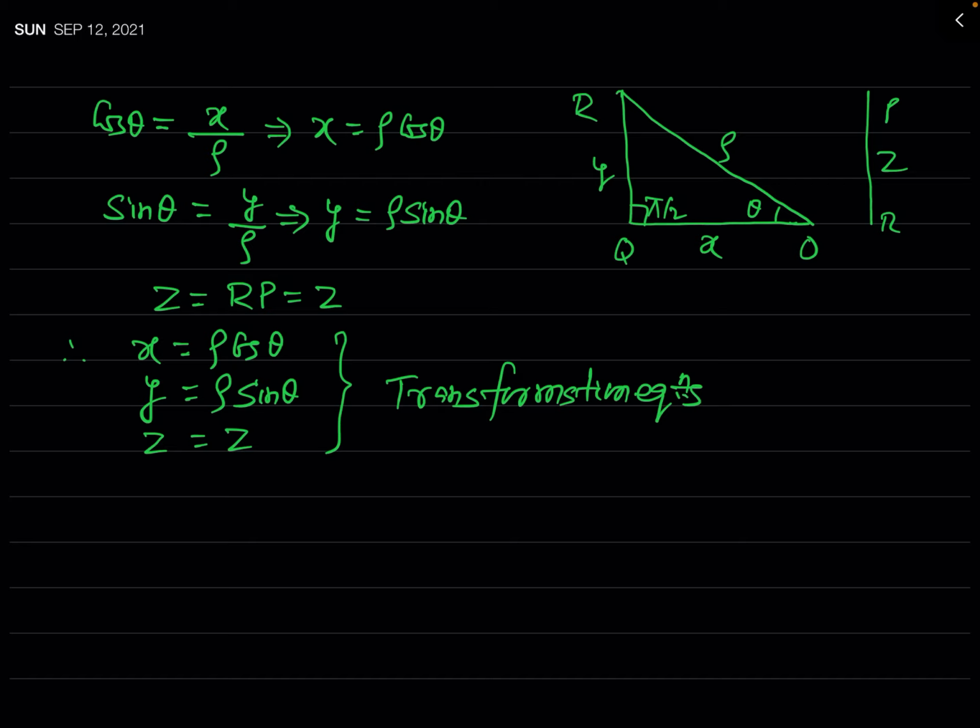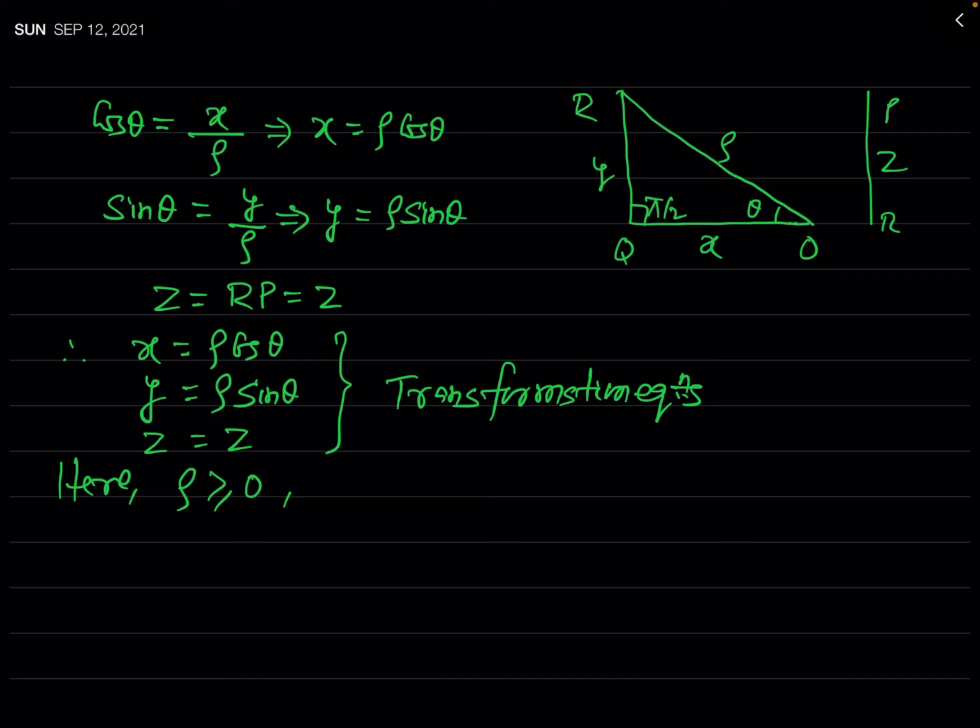Here you can see that the cylindrical coordinate rho is never negative. It is always greater than or equal to 0.